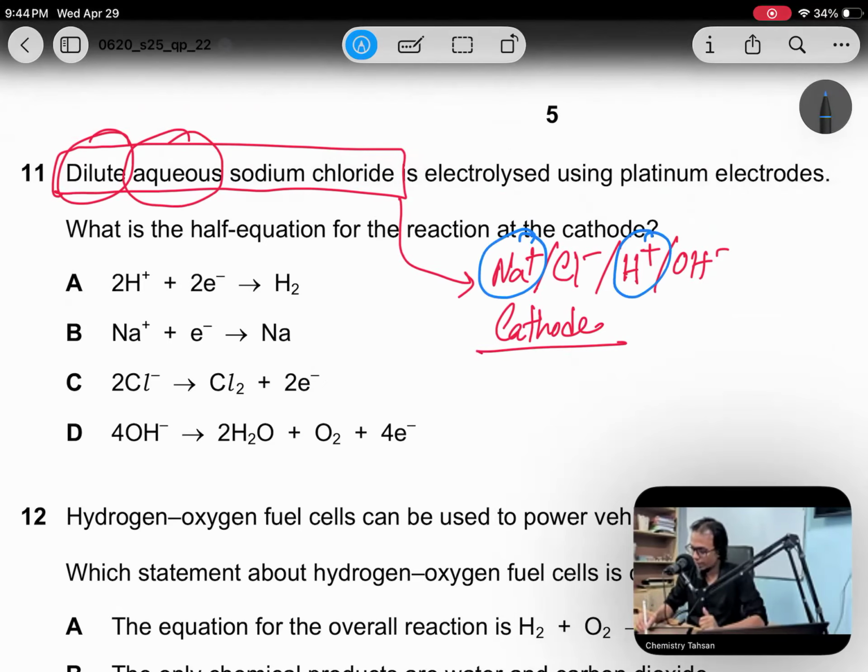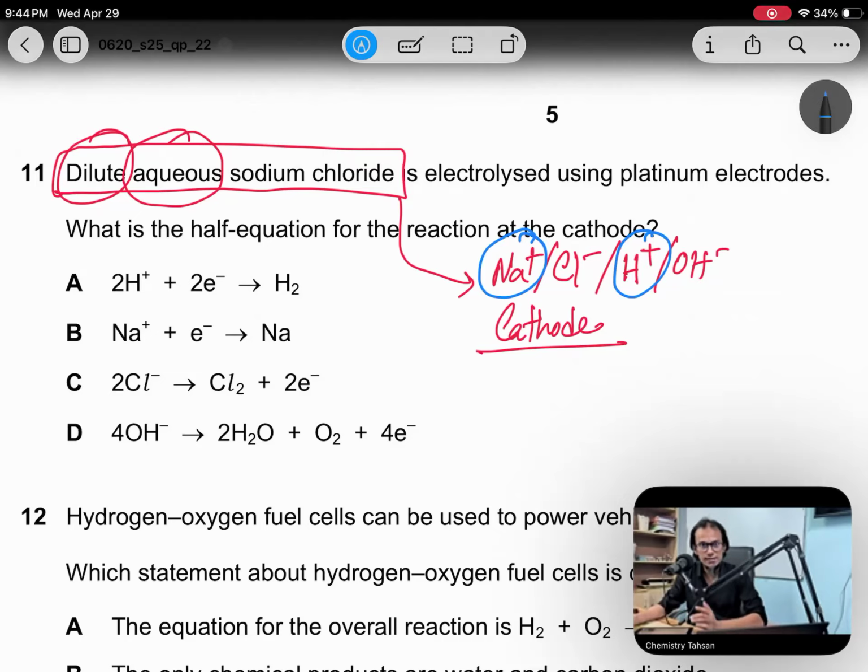So from sodium ion and hydrogen ion, you know the principle. What is that principle? For cation, which cation will go to cathode? The principle is you have the reactivity series. So if the metal ion we are discussing here, sodium ion, is above hydrogen in the reactivity series, then that metal ion will never go to cathode.